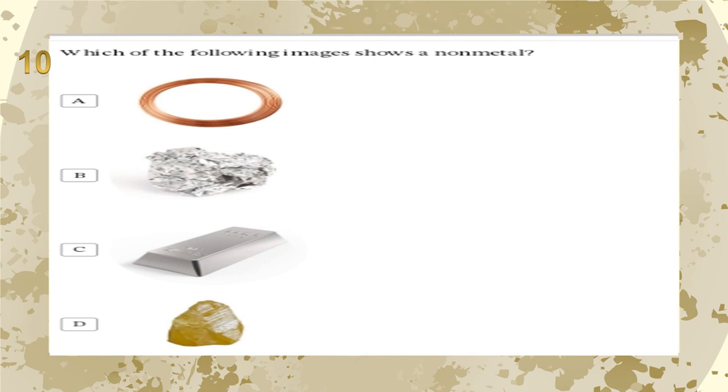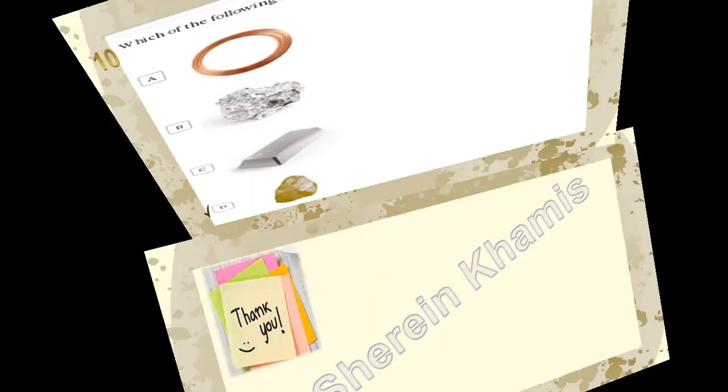So we have here in the first one copper, the second one aluminium, and the third one silver. So the right answer will be sulfur. In the last one we have a piece of sulfur, indefinite in shape, so the right answer will be number D. It's a non-metal called sulfur.